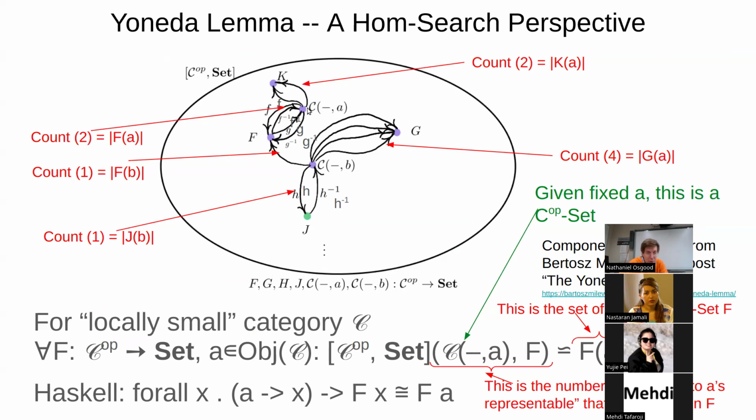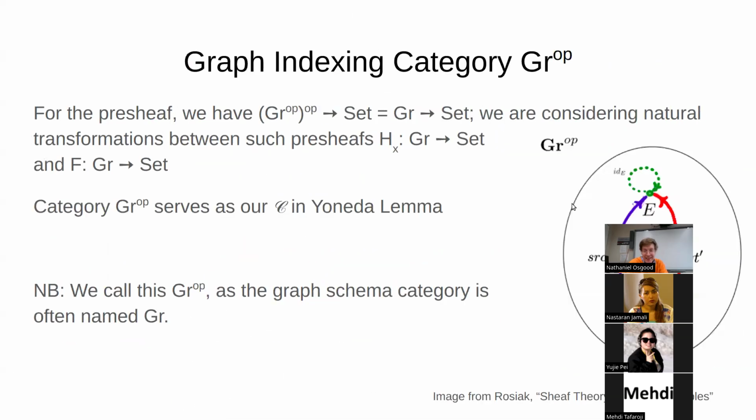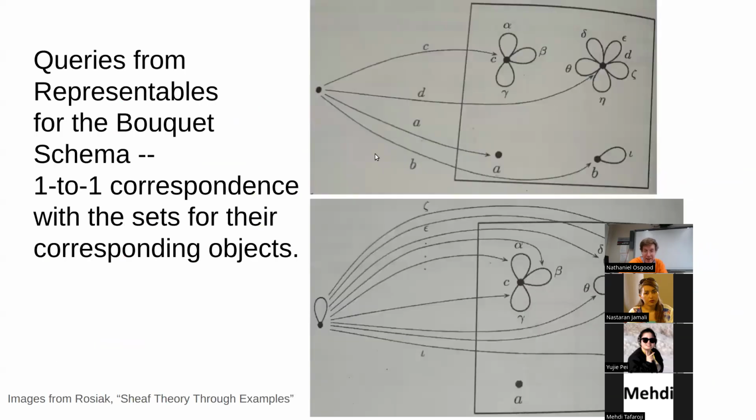The number of places we find it in a given bouquet diagram is equal to the number of loops in that bouquet diagram. Right? That's what that's saying. The number of places we find this loop is equal to the number of loops in it.